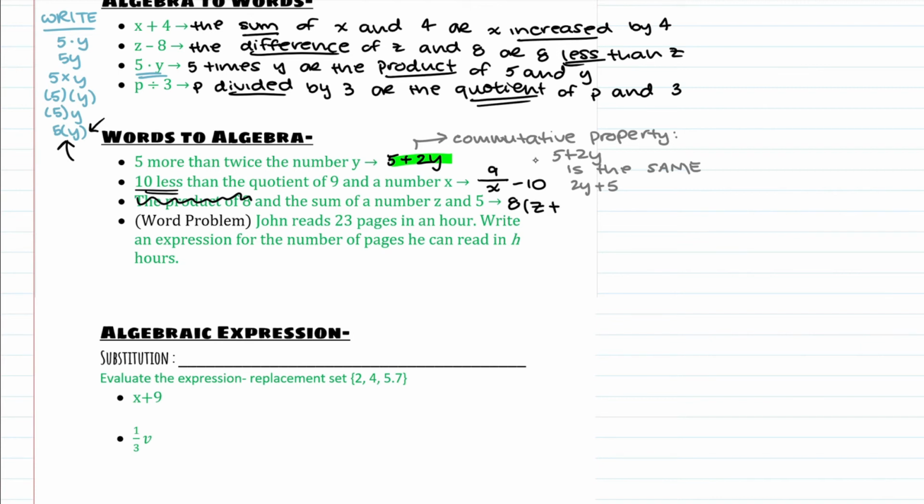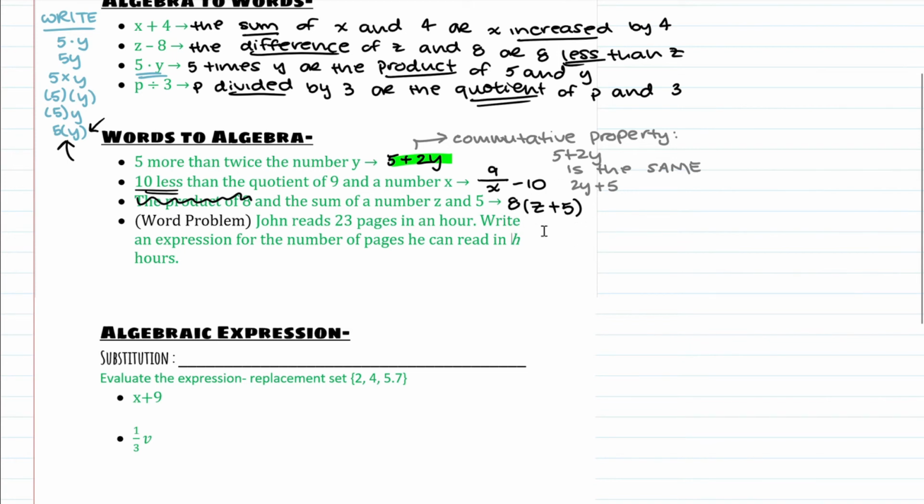Z plus 5. And that is our answer. Okay, so now we're going to focus on these types of problems a lot more. And we're going to learn about fun stuff like distribution and all of that. But for right now, just know that 8 is being multiplied to z plus 5.